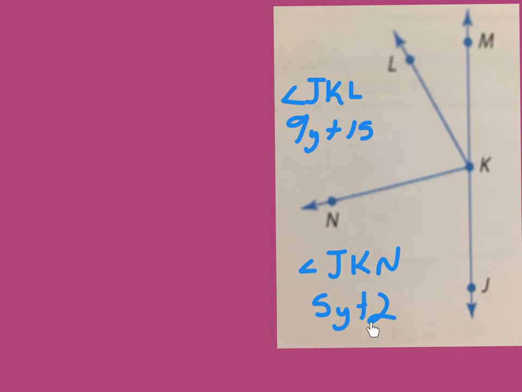They want you to find the measure of JKL. So you're given this angle right here, JKN. You're given JKL, and they want you to find in degrees the measure of JKL.